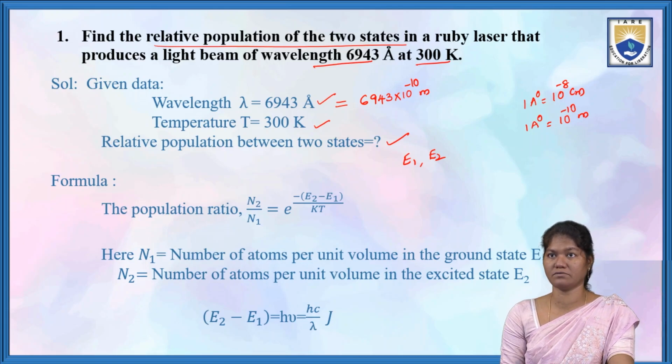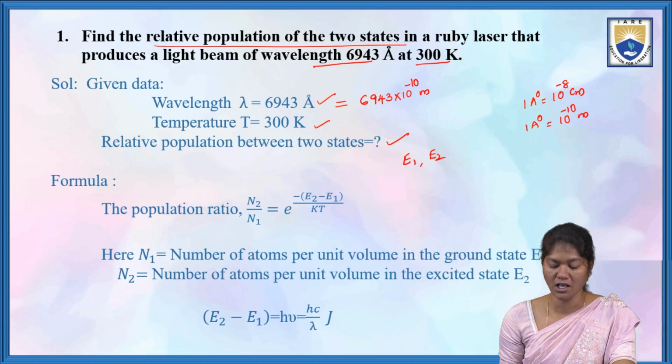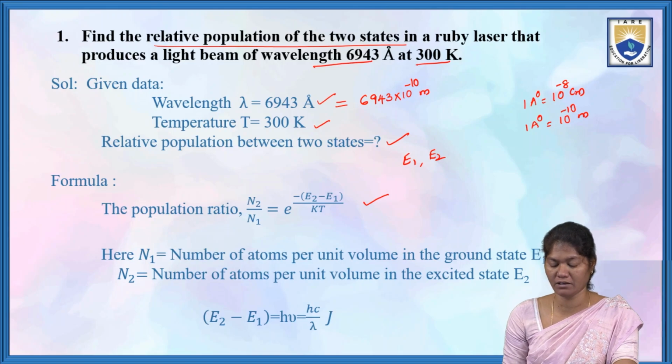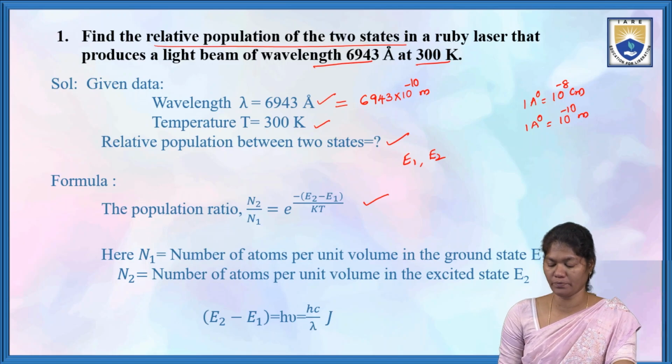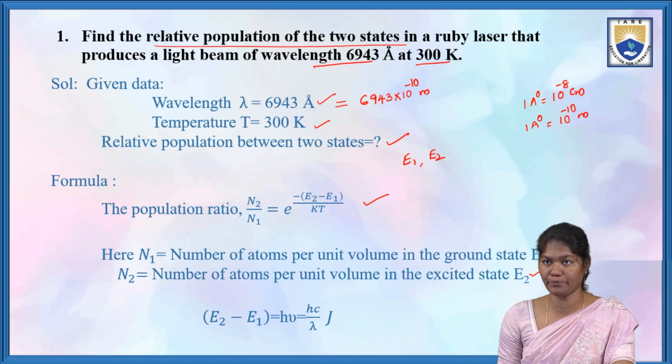The formula related to that is the population ratio N2 by N1 is equal to e power minus of E2 minus E1 by KT. Here N1 is the number of atoms per unit volume in the ground state A1, and N2 is the number of atoms per unit volume in the excited state A2.